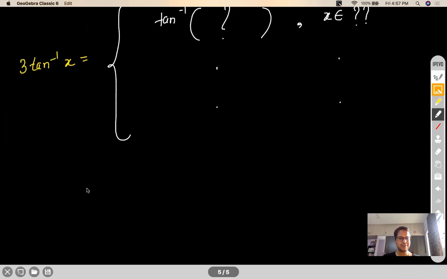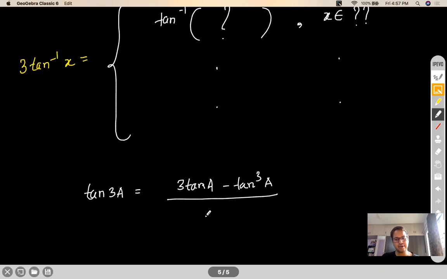So tan 3A formula is 3 tan A minus tan cube A by 1 minus 3 tan square A. Correct, Arjun. Our interval of analysis is an open interval, not closed. Open interval, whatever you have written. I don't want to spell it out, else people will get an idea.